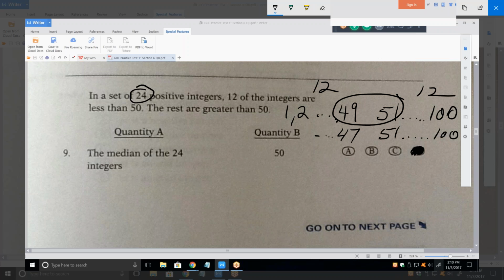So depending on what the 12th number is and what the 13th number is, affects the median. Right. And we can't tell here whether the median is going to be less than 50, greater than 50, or equal to 50. Okay.